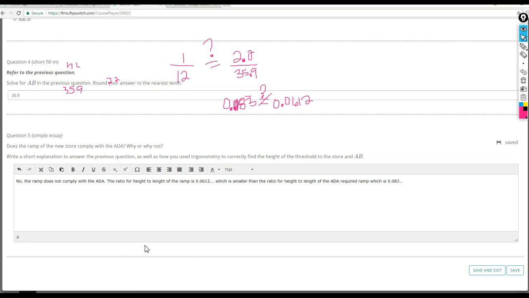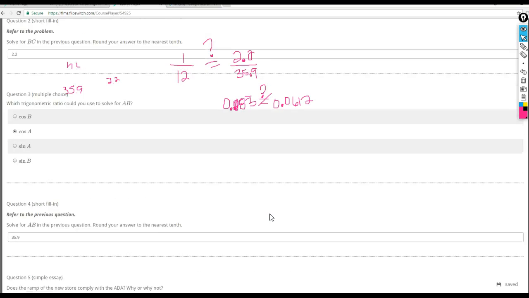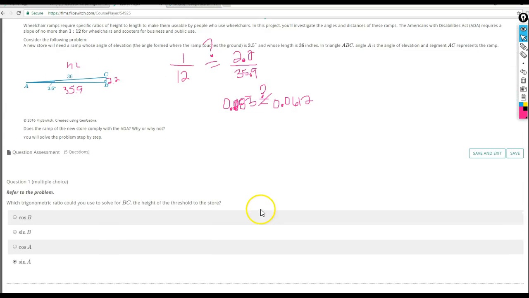So what does that mean? Does that mean it is steeper or shallower than what our ratio is? That means that it is shallower since our number is smaller. If our number was greater than 0.083, that means that the steepness, the slope, would have been greater, so it would have been too steep for the ADA.